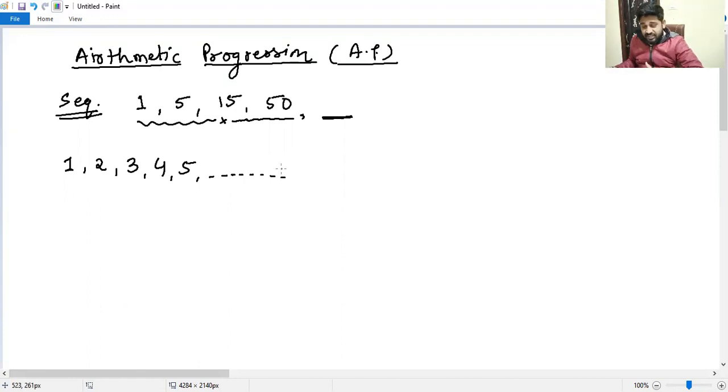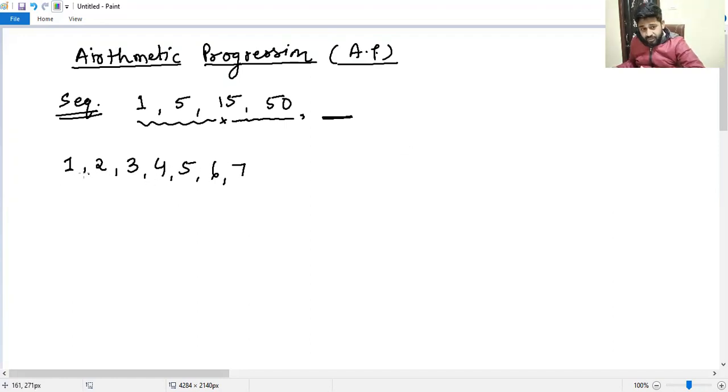This is a set of natural numbers, so you can say the next number will be 6. So there is a pattern. We are adding 1. After 6 there will be 7. So what we are doing, we are adding 1.